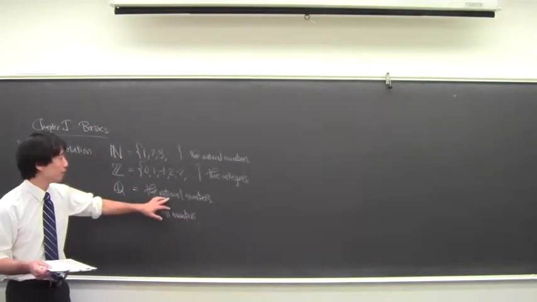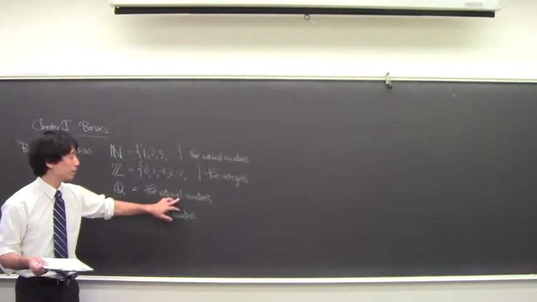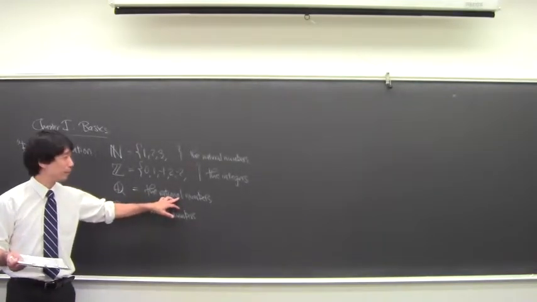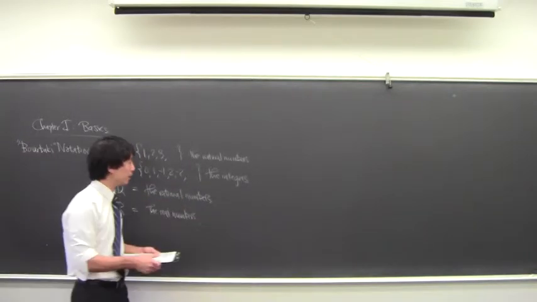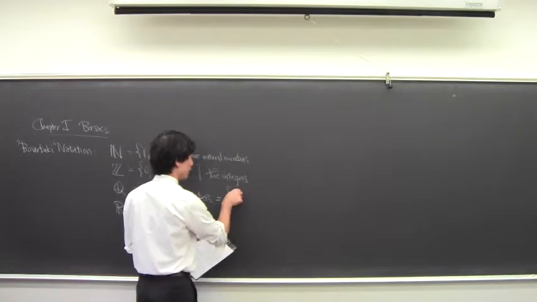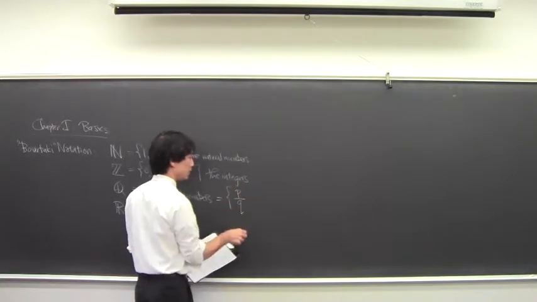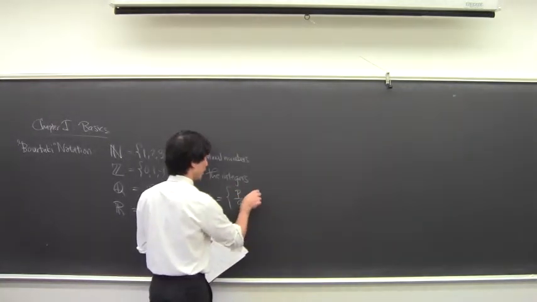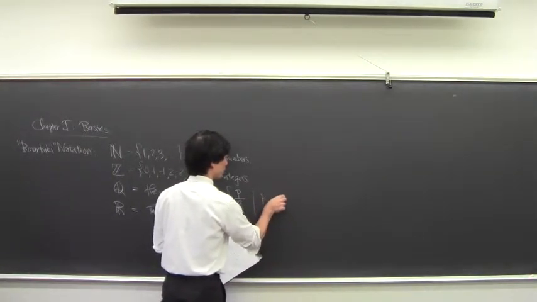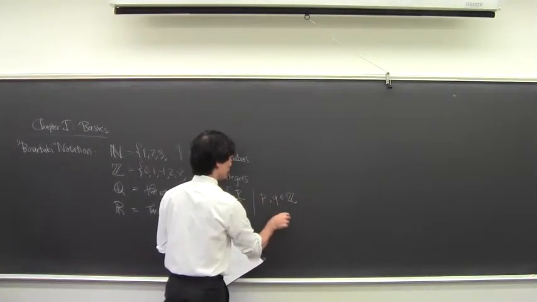Okay. So I think the standard description of the rationals is the one that Faiz is giving. The rational numbers are anything that can be expressed as p over q, where p and q are both integers, and q is not 0.